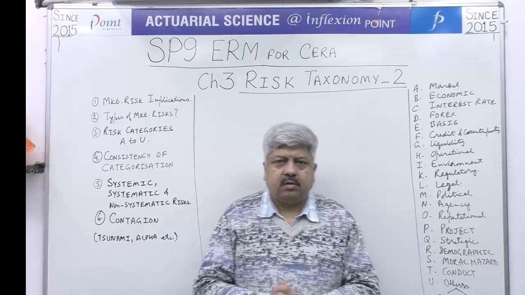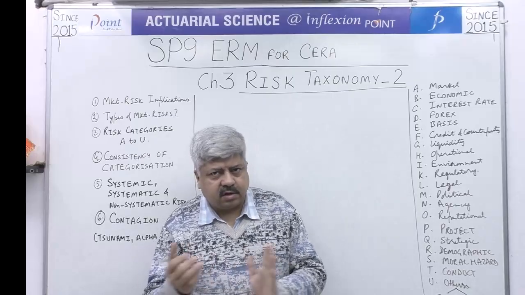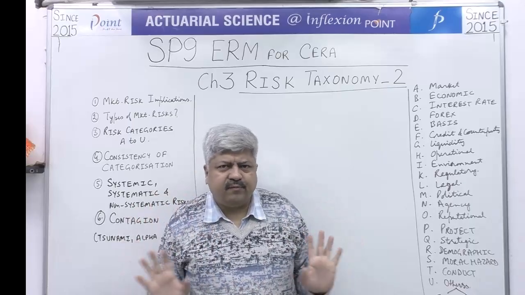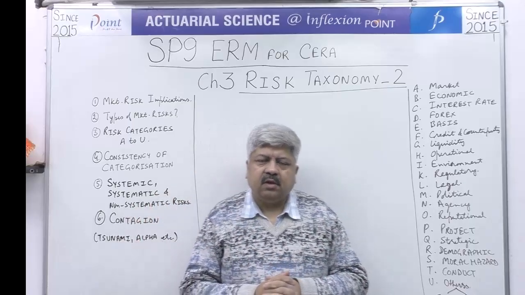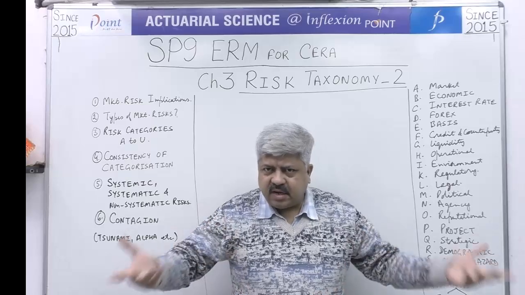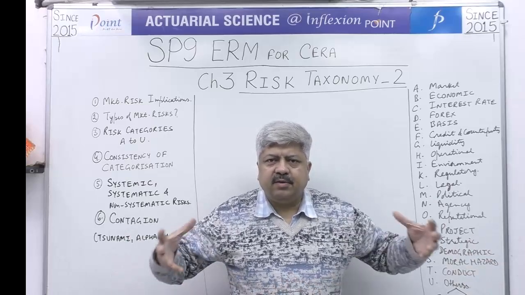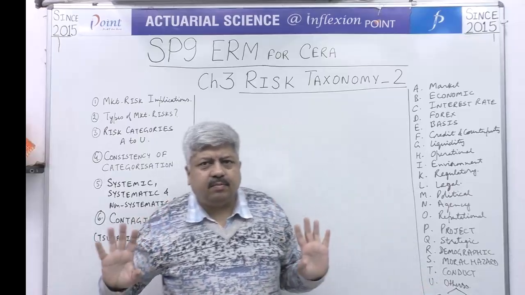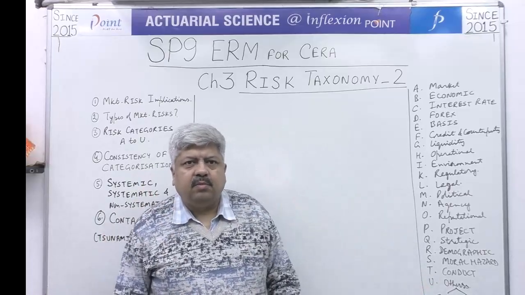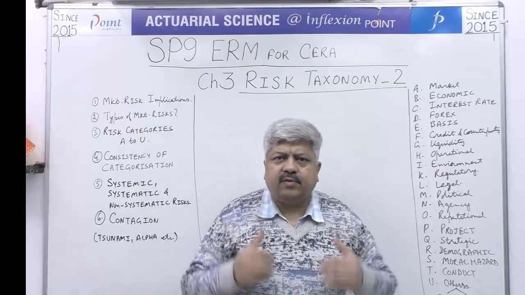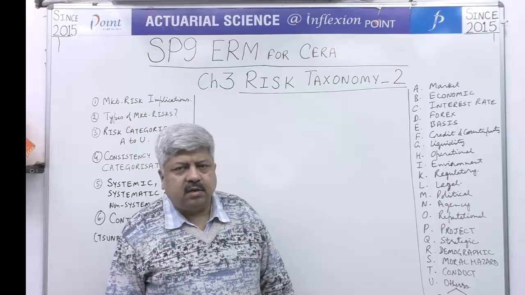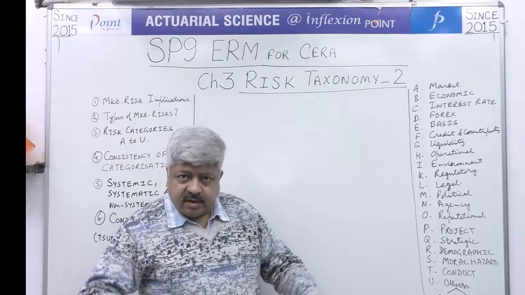Now look at it. First is market risk. This is always on top of the mind of actuaries, right? Asset liability management, asset liability matching, asset liability modeling. This is always on top of our mind, because we usually get to work with financial institutions like insurers and pension funds, either directly or indirectly.